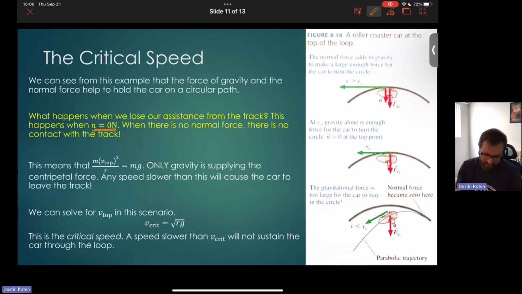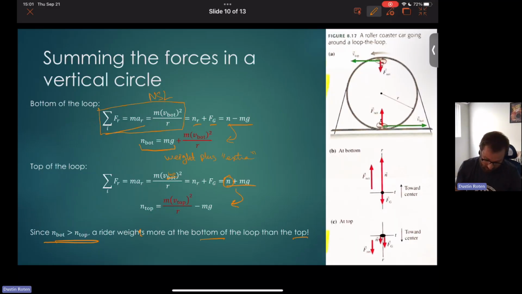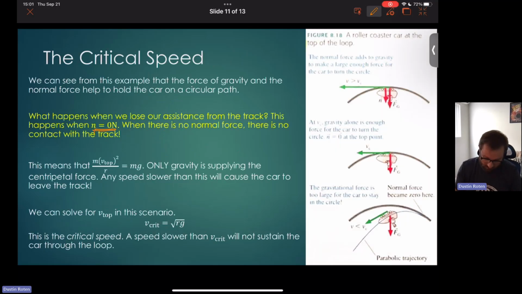Now, if we go back to a previous equation and say, well, the normal force equals 0, for example, at the top here, if we just say this equation equals 0, we find that the centripetal force will just equal your weight, your gravity.